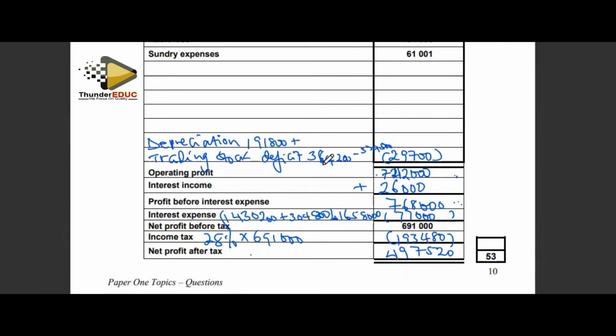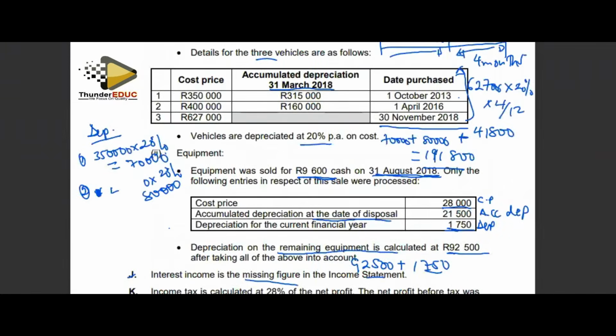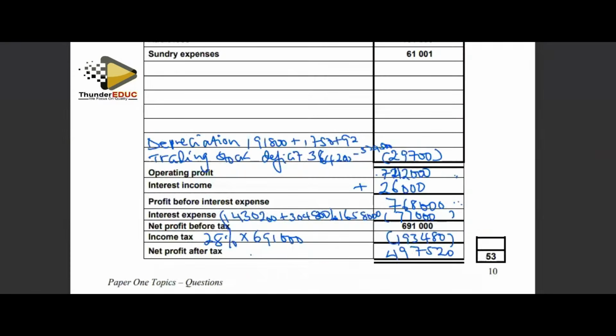191,800 plus for the vehicle. Sorry, for the equipment, which was sold, 1,750 plus for the remaining equipment, which is 92. Is it 92,000? Let me cross check and see. Yeah, it's given 92,500. So we don't need to calculate it. Even we are never given the percentage. Okay.